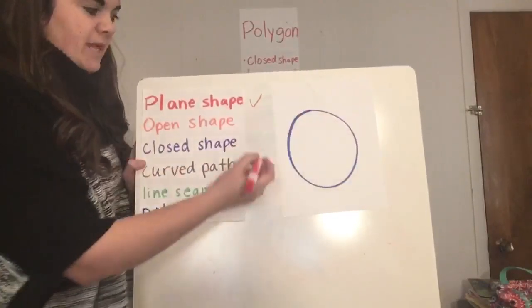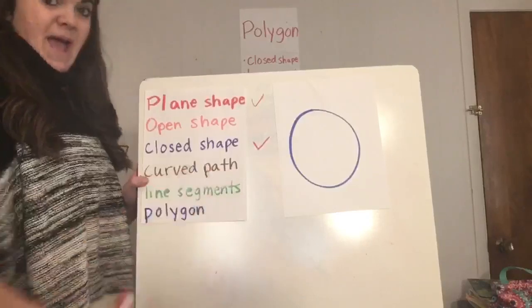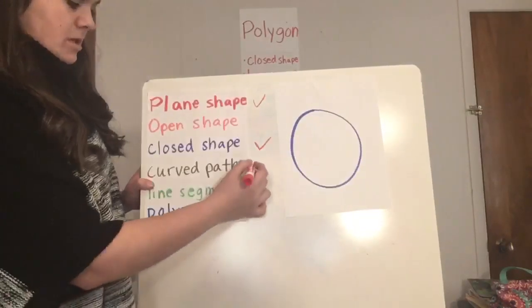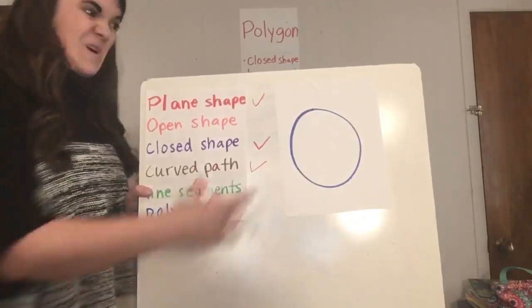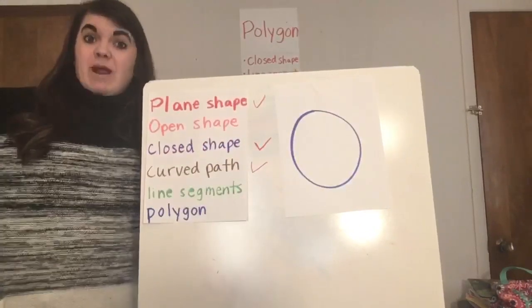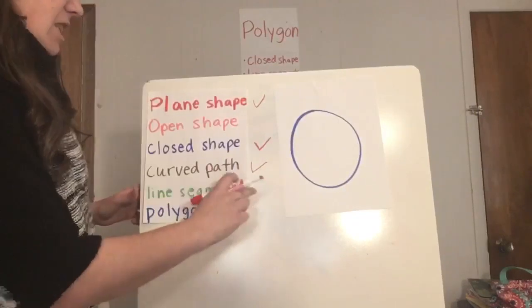The two ends meet. So, yep, it's a closed shape. Are there curved paths on here? Yep. Are there line segments? No, there's no line segments. They're all curves. Line segments are straight. So, it's not line segments.